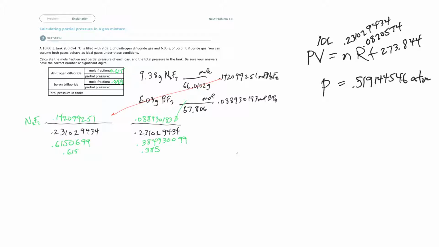Okay, so I need to round to 3 significant digits just like I did the other. So it will be 0.519.